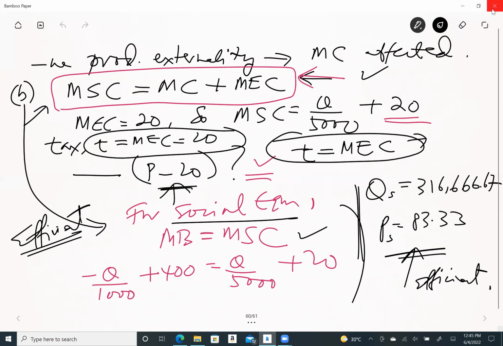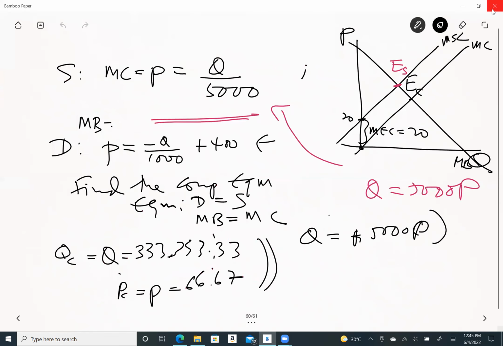And you can also do other things actually from that question. You can find the tax revenue. And that tax revenue will be equal to the external cost. And then you can find the net gain.